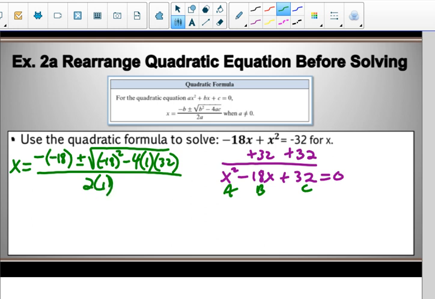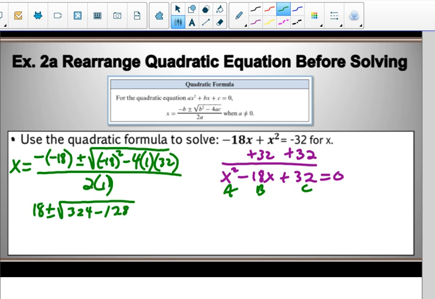Now we need to simplify that here. The opposite of negative 18 is a positive 18. So I have 18 plus or minus the square root. Negative 18 squared is 324, minus 4 times 1 is 4, times 32 is 128.